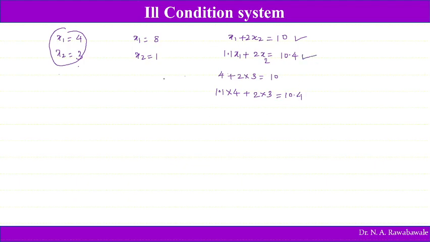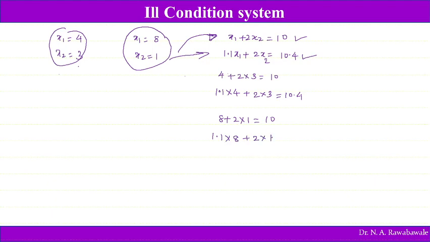Now let us see this second set of answer in this original equation, equation number 1. So if we substitute x1 as 8 plus 2, x2 is 1, so then this is 10. So again this second set also satisfies first equation, and if we substitute second set in this second equation, then 1.1 into x1 value is 8 plus 2 into x2 value is 1.